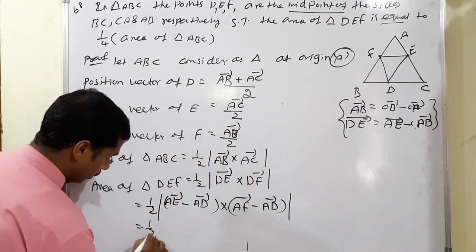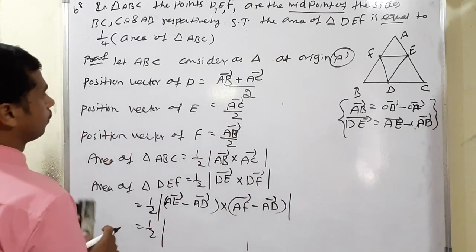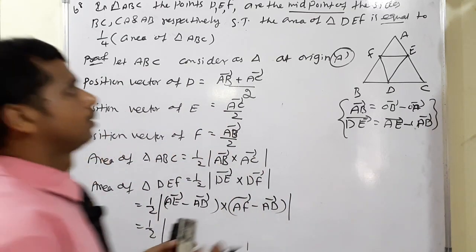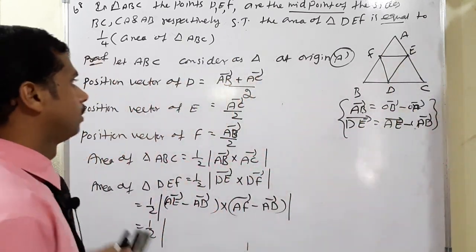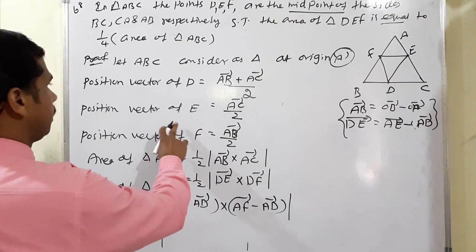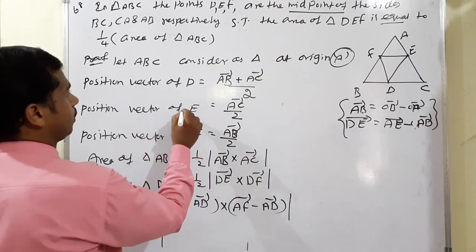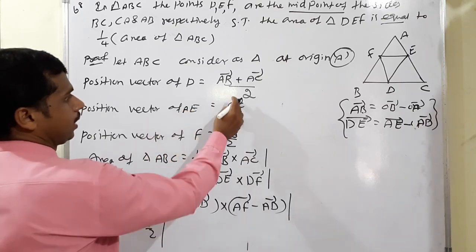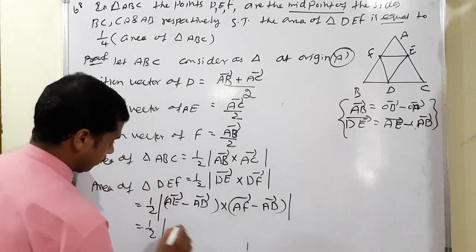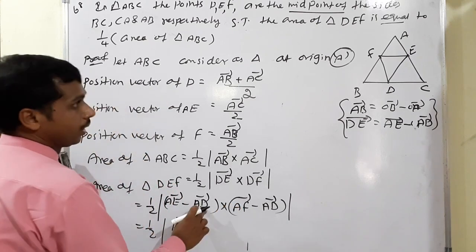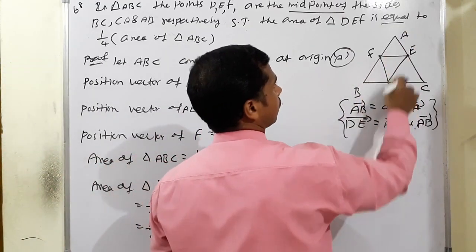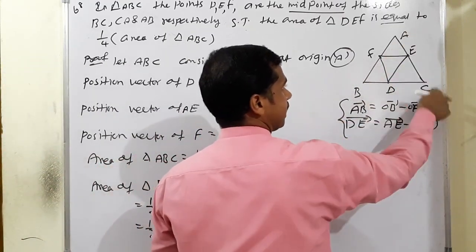Again 1 by 2 constant, then AE vector means AC vector divided by 2, isn't it? So AE means position vector of AE. This is considered for AE, meaning AC vector divided by 2. So AC vector divided by 2 minus AD vector, what will happen? AD vector means AB vector plus AC vector divided by 2.